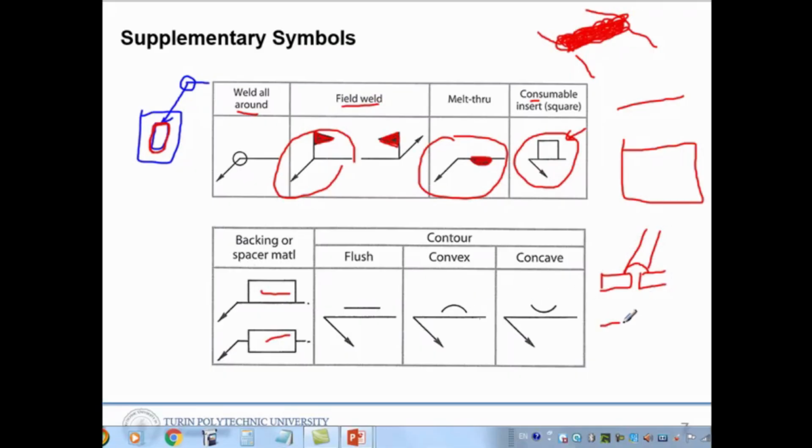If the welded area is like this, it's concave. If you have flashing, okay, the flashing I will show in the next slides. It should be straight, right?